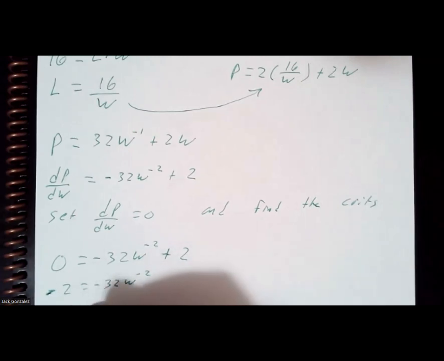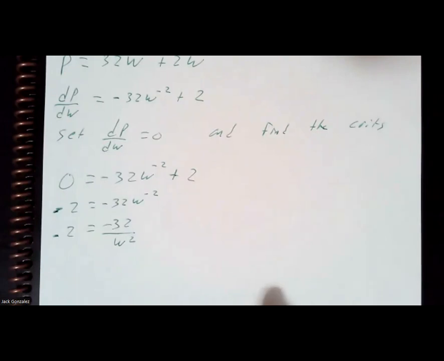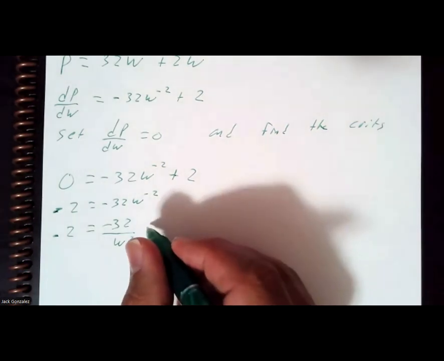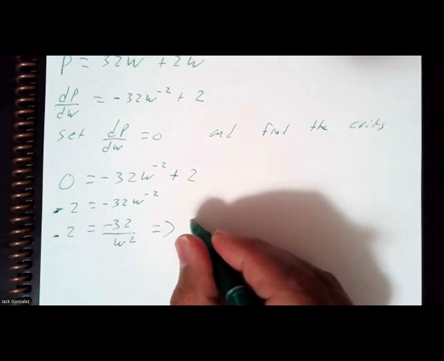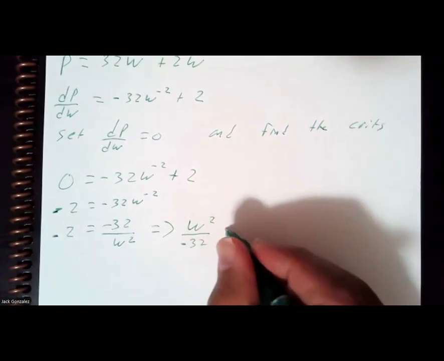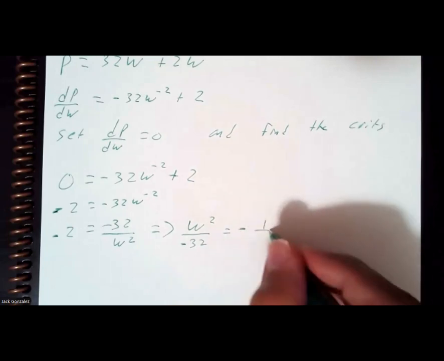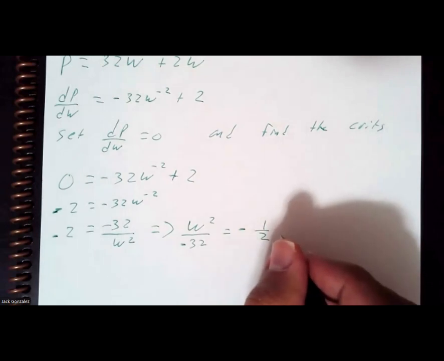I'm going to change it back to a positive exponent. You can do cross multiplication or just basic, however you want to think about it. Just get the W on top. You can also just flip both sides over to get this. Multiply this by negative 32.